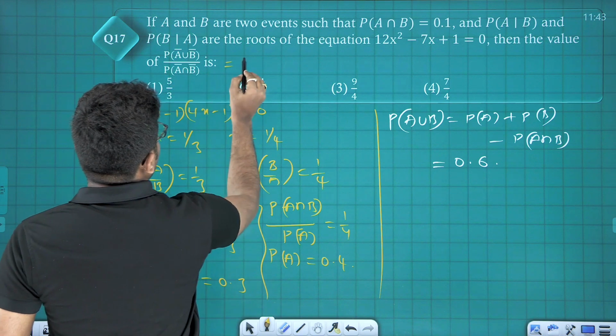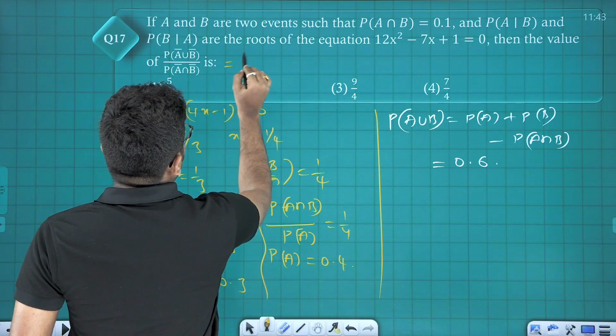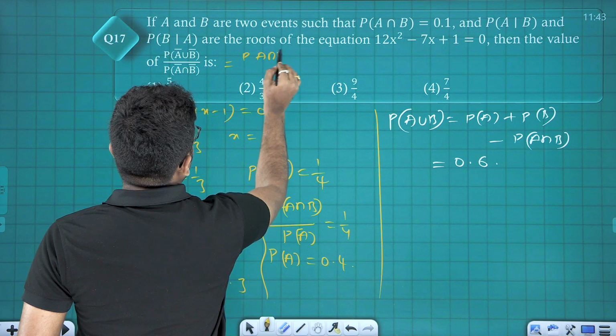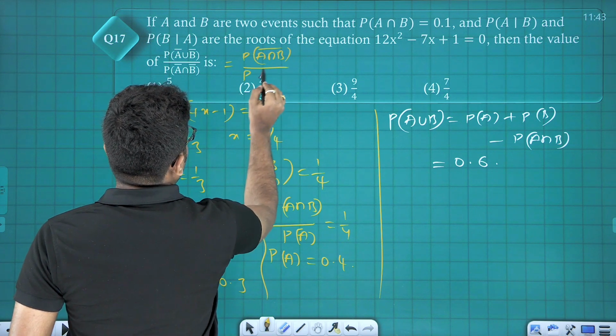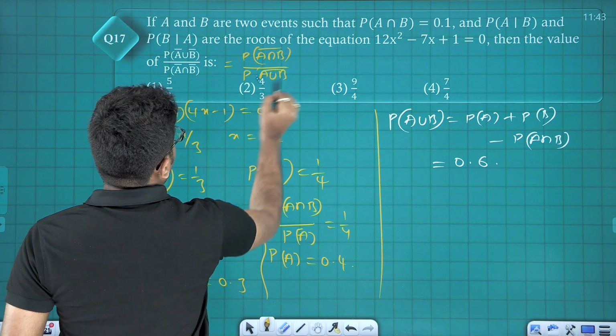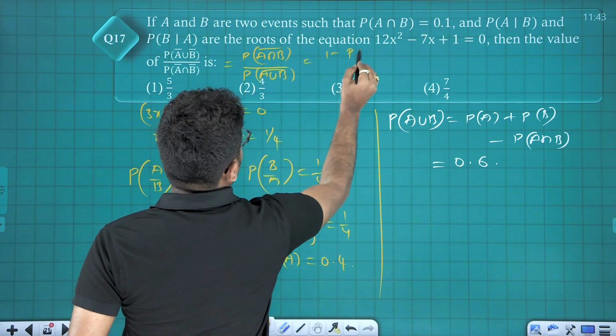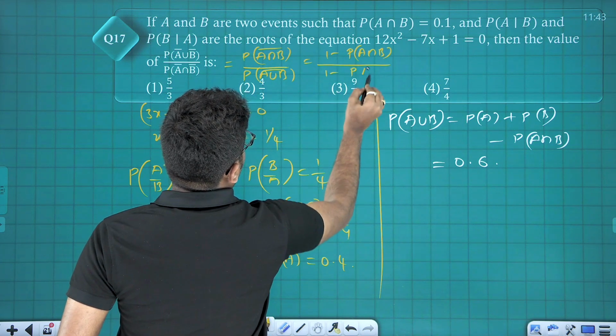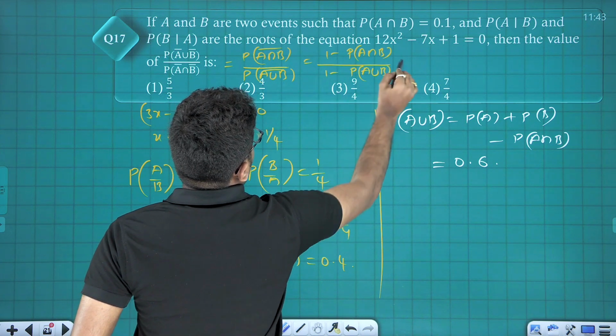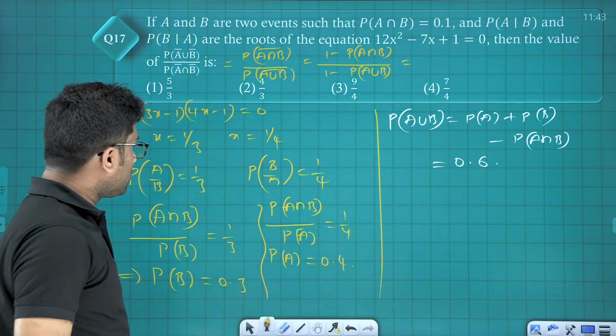Friends, by De Morgan's laws, we can write this as P of A intersection B whole complement by P of A union B whole complement. This is nothing but 1 minus P of A intersection B by 1 minus P of A union B.